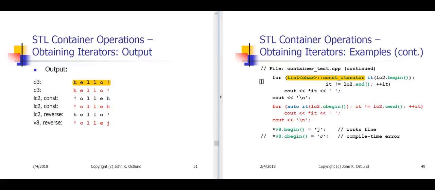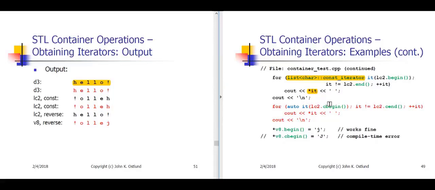Okay, so it here is a const iterator that is a member of the list of char class. Therefore, we can access the thing that the iterator is pointing to with star it, as usual. But we could not modify the thing that it is pointing to by saying something like star it gets capital X. That would be a compile time error.